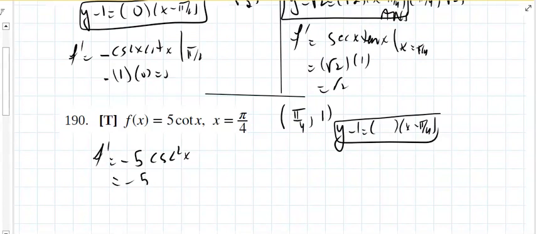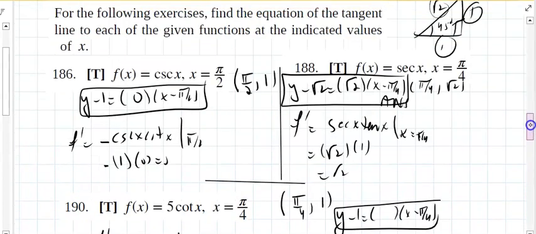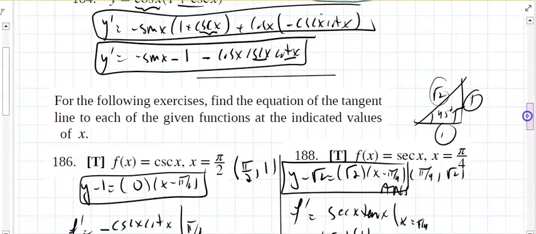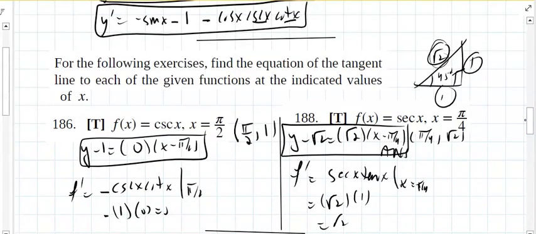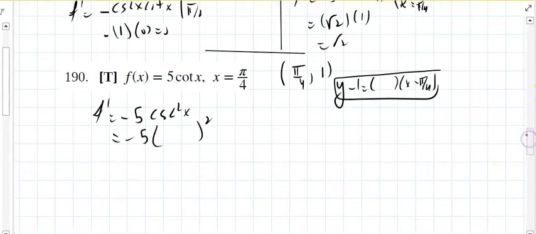So that is negative 5 times this. Again, if I look at the triangle, cosecant is the hypotenuse over the opposite, so that's radical 2. And when you square it, you get a 2, so that's negative 10. And there's my answer.